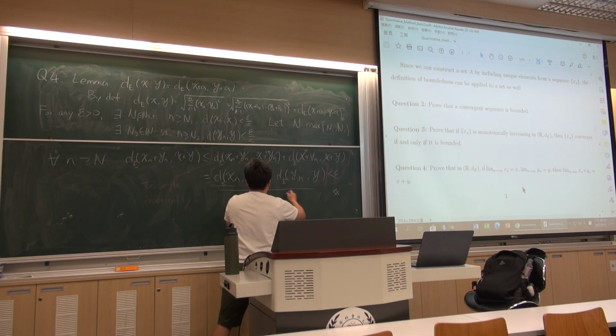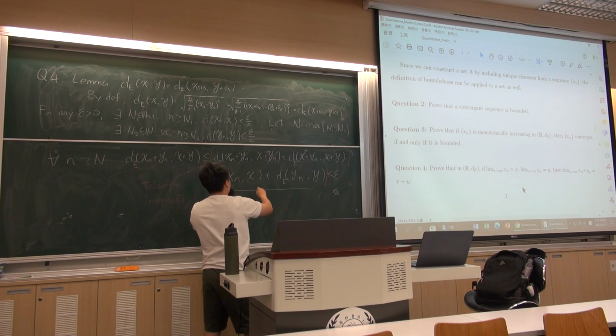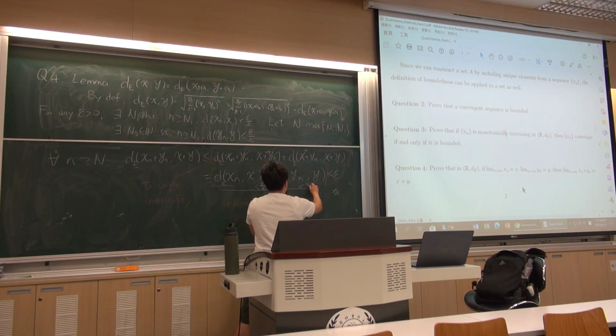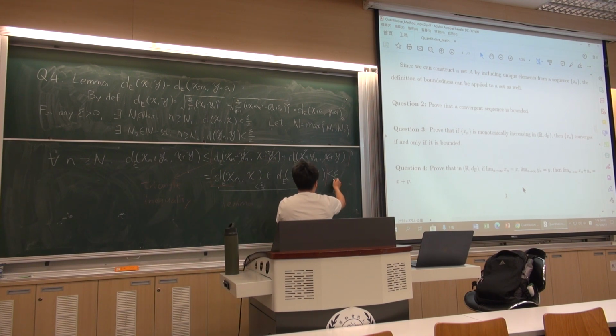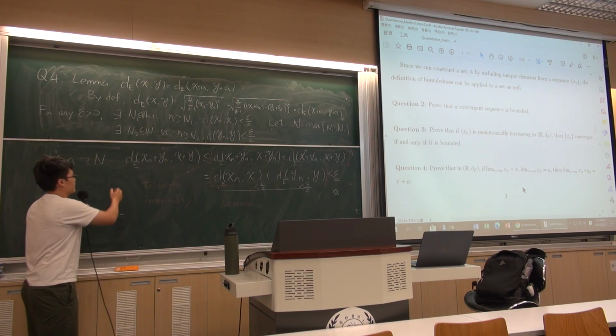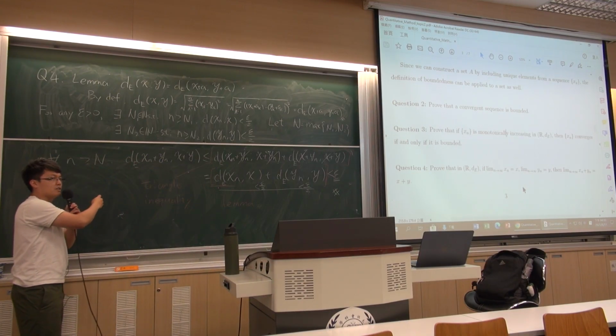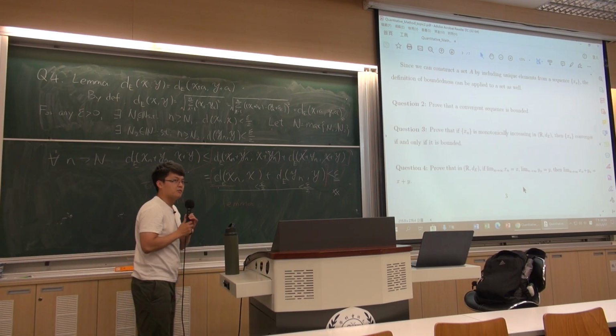Because of the convergence, this will be less than epsilon over 2, and this will also be less than epsilon over 2. So that means these two plus together are going to be less than epsilon. And this is the definition of convergence. Right? And we finish our proof for these questions.